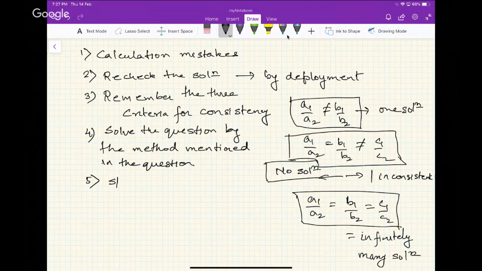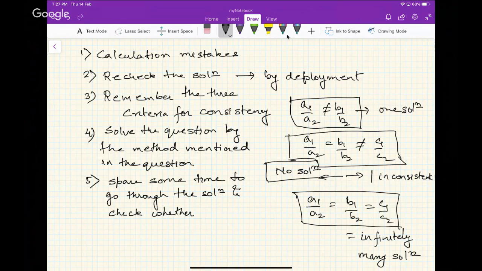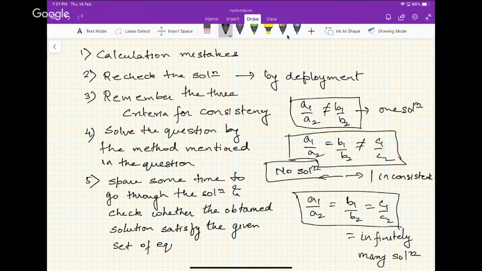And very importantly, spare some time to go through the solution and check whether the obtained solution satisfies the given set of equations.